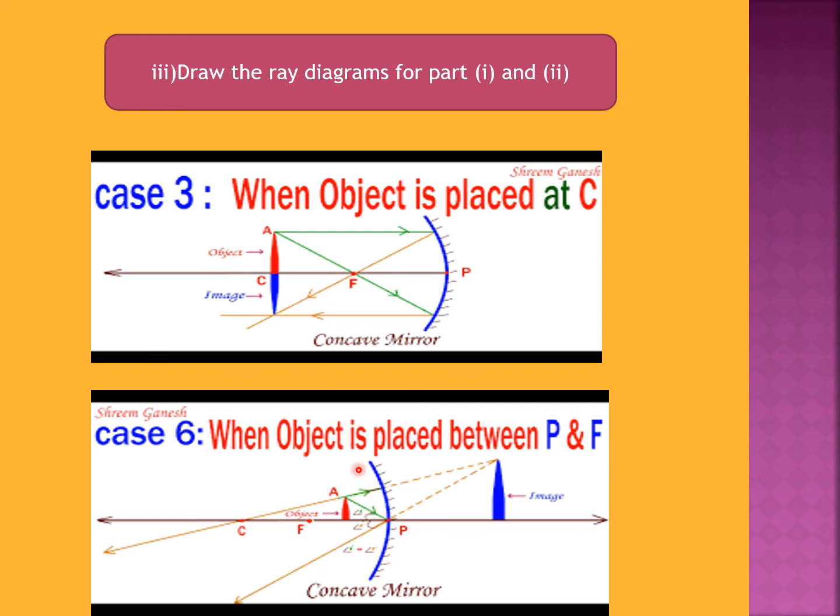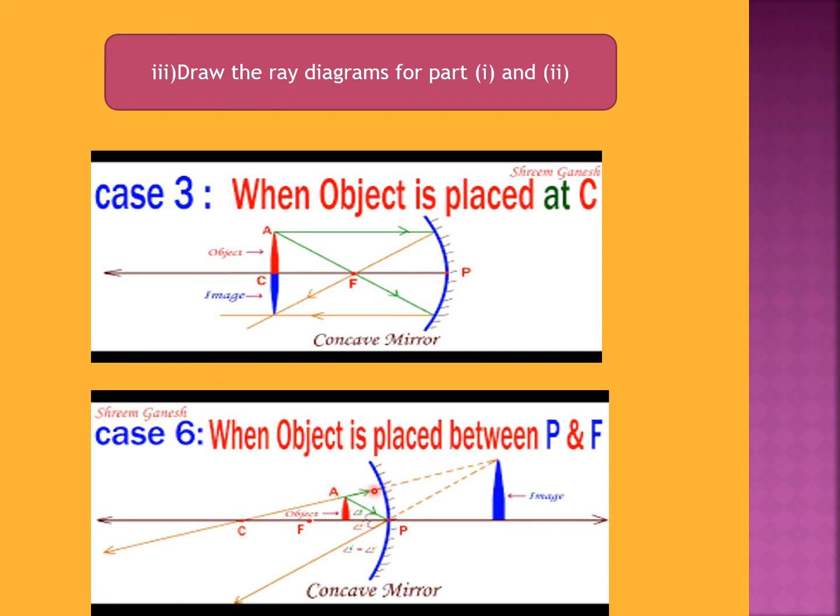Now keeping the object between pole and focus. So this is your pole and this is your focus. Here we have the object. See, out of the 4 rules, you can use any of the rules. Here they are using this rule. We've learned differently, so you can do it that way also. Doesn't matter. Only thing is your answer should be correct.